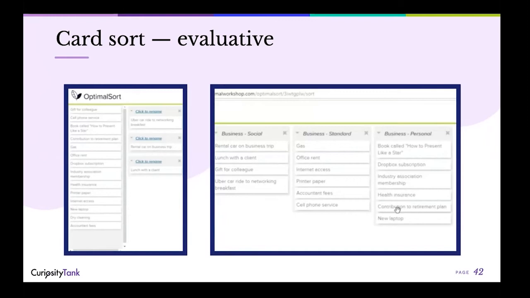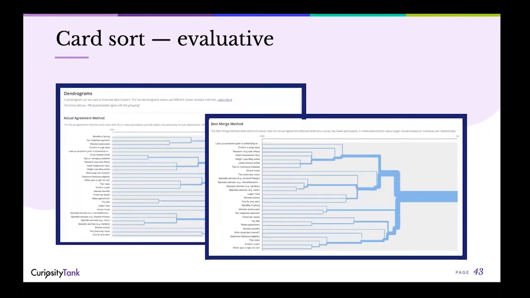Again, this is really helpful when we're looking to understand how the people we're designing for think about and categorize that type of information. Card sorts produce something called the dendrogram and a best merge method. They also produce something called a similarity matrix when you conduct them on a platform. You can also conduct card sorts in person with index cards, post-it notes, and so forth.